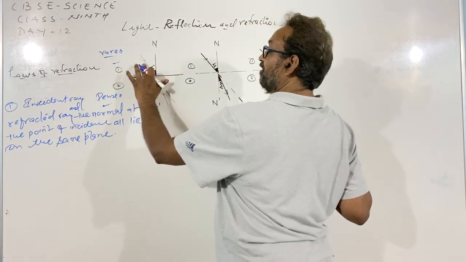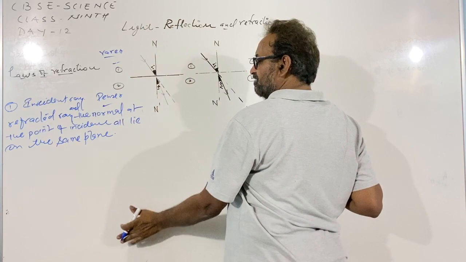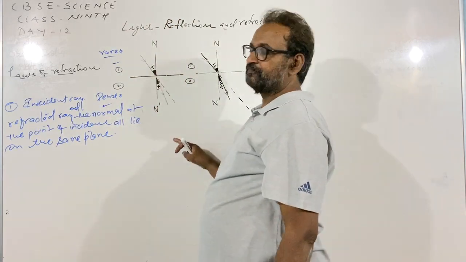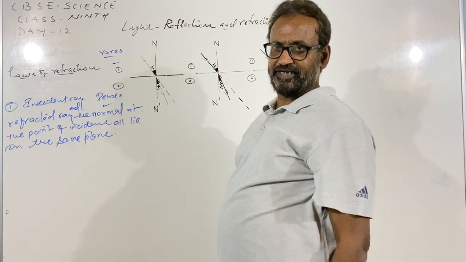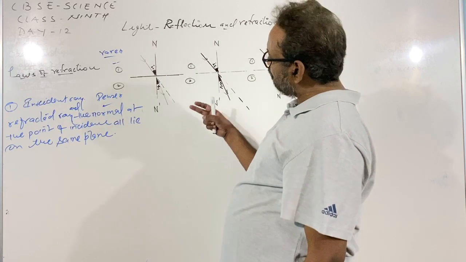The incident ray, the refracted ray, and the normal, they all lie on the same plane. No one out of these three is out of the plane of this board.